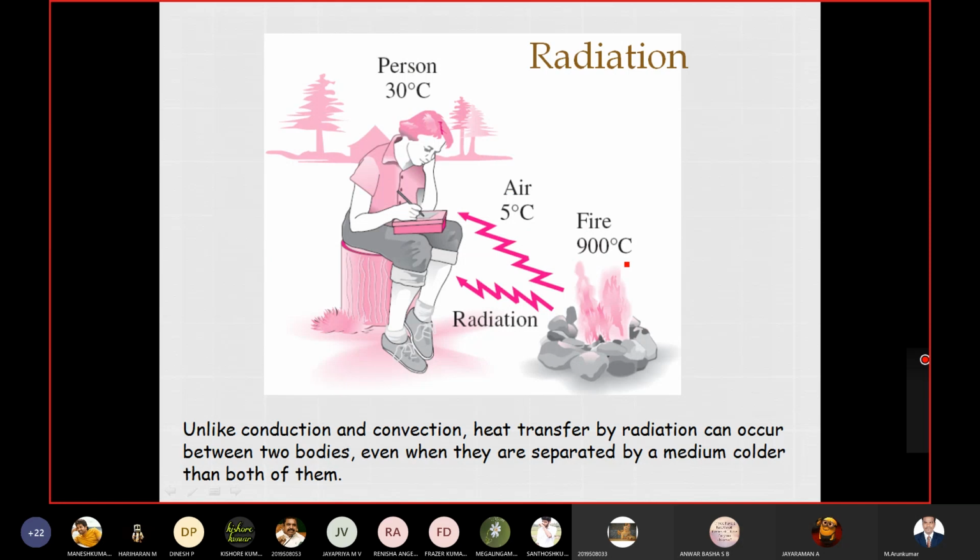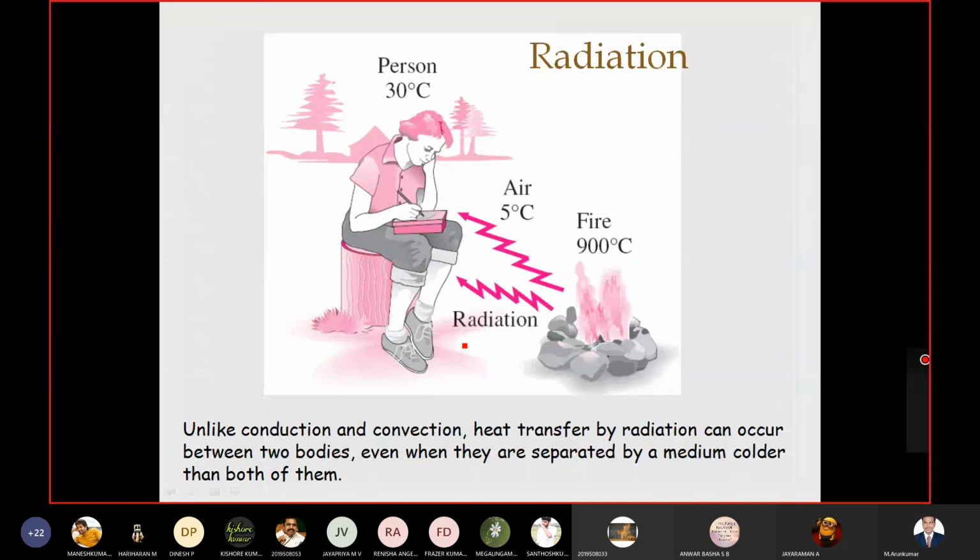The fire is at 900 degrees Celsius, the person is at 30 degrees Celsius, but in between there is air at 5 degrees Celsius, which is less than the person's temperature.